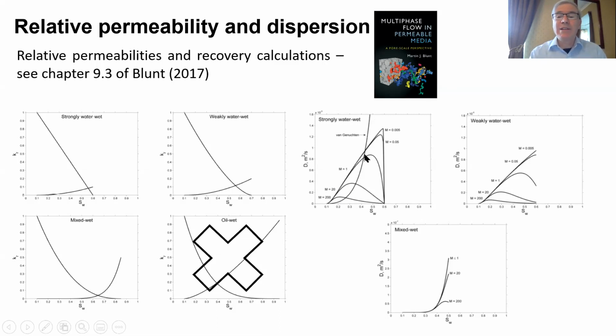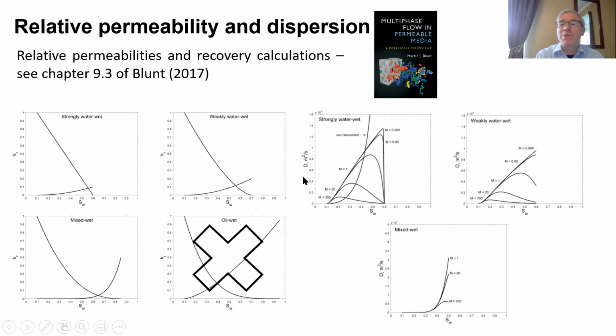I'm not saying it's right or wrong, it's just a different model. It's universally used by hydrologists, whereas in petroleum engineering we use different models, which give very different imbibition behavior. No one's really explored that, because mathematically they're very different.